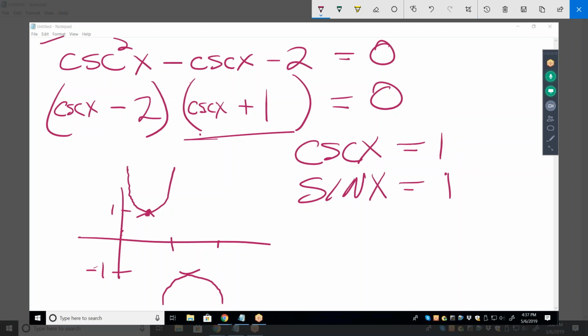Now, in this case, where is x to be equal? So the sine of x is equal to 1. Where does that occur? In other words, what is that on the x-axis?